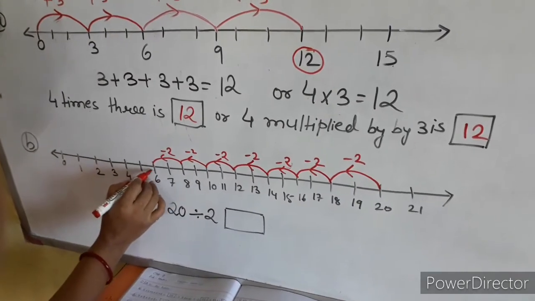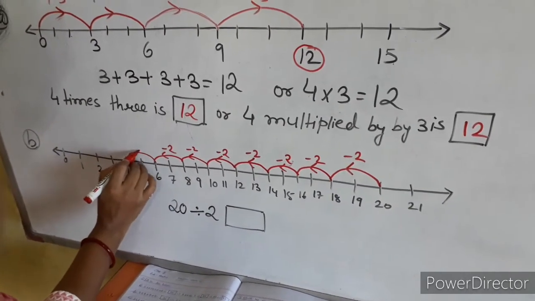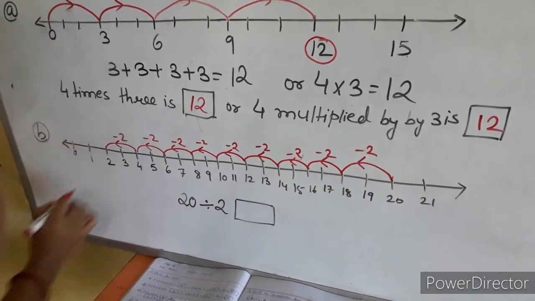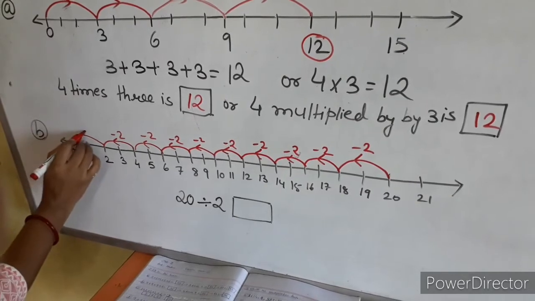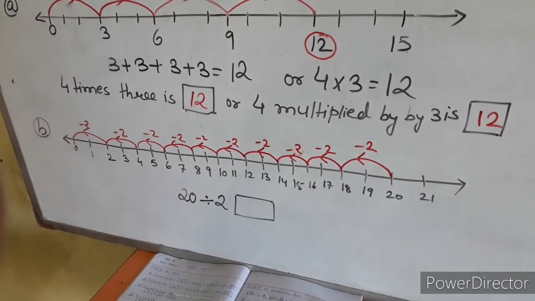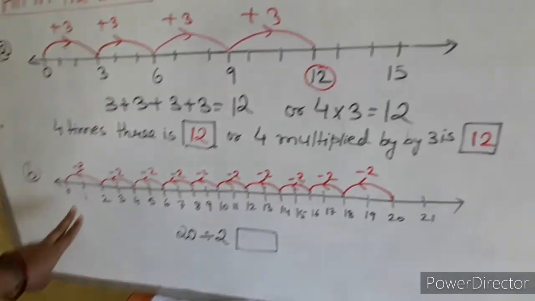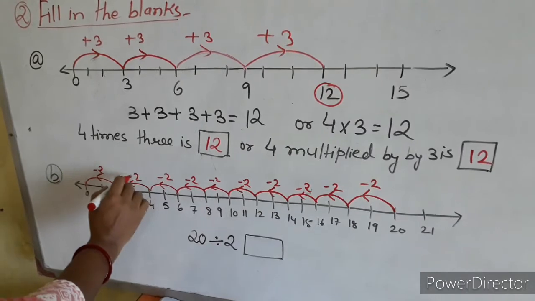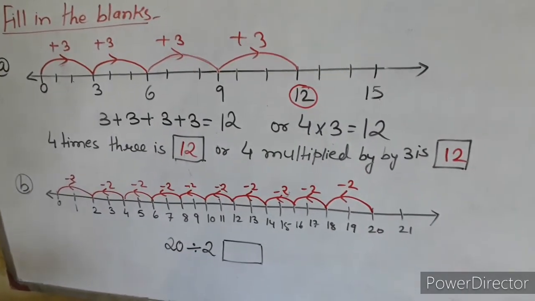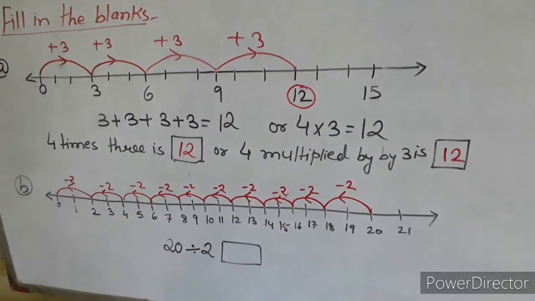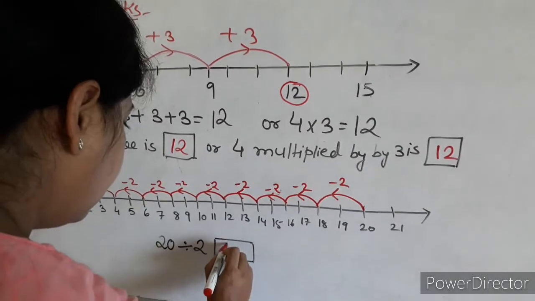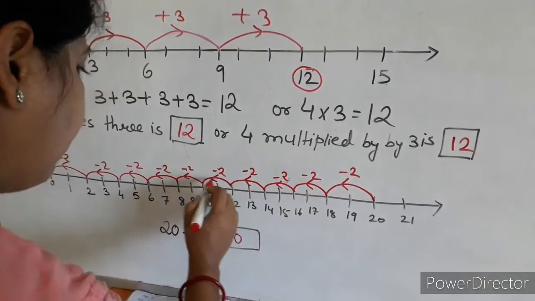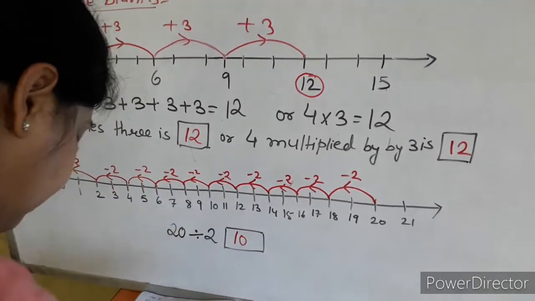We have to subtract 2, 10 times: 1, 2, 3, 4, 5, 6, 7, 8, 9, 10. So here we can write 20 divided by 2 is 10. How many times? We have to count: 1, 2, 3, 4, 5, 6, 7, 8, 9, 10. The answer will be 10.